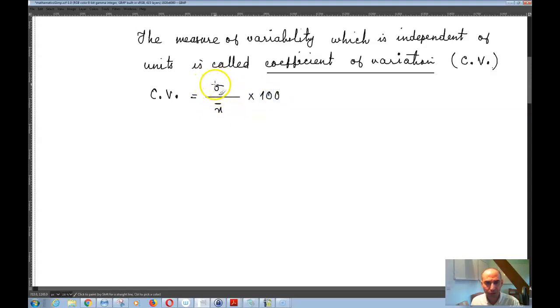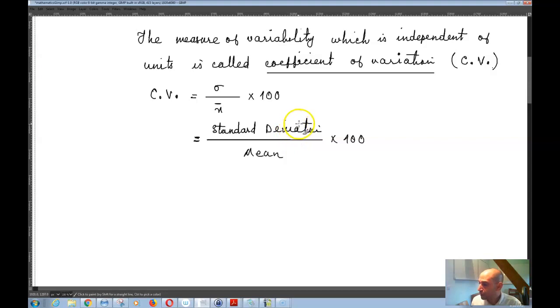That is, the standard deviation divided by the mean of the data times 100, where sigma and x bar are the standard deviation and mean of the data. So that's basically the whole story there.